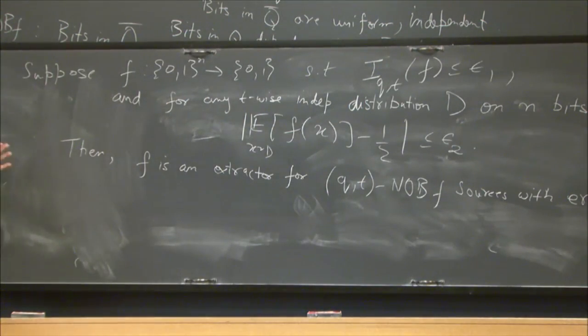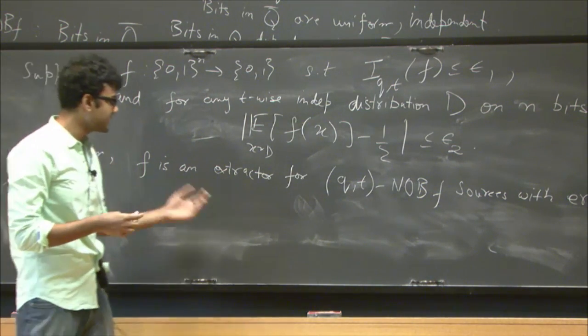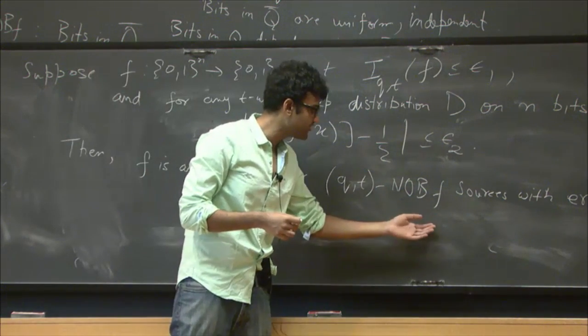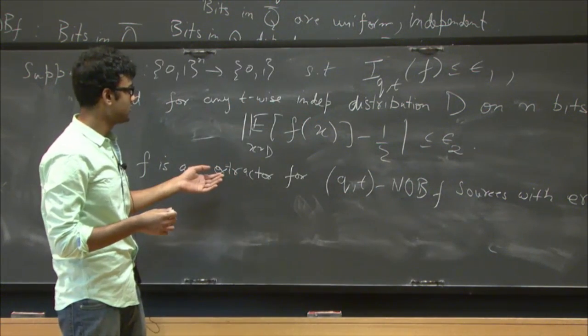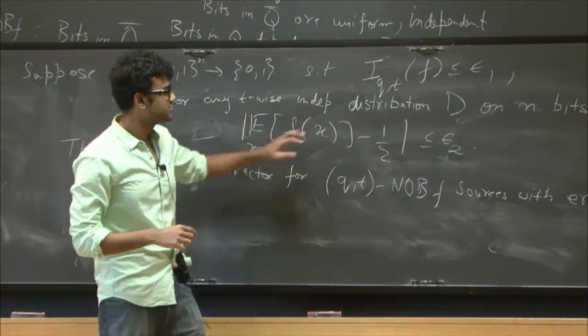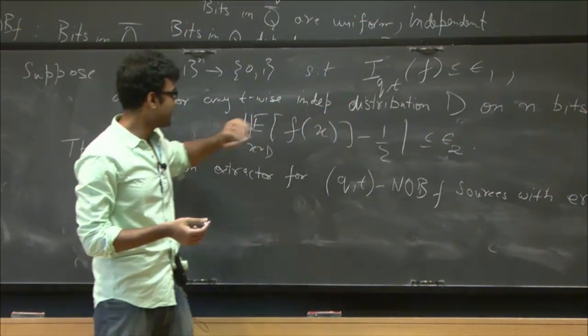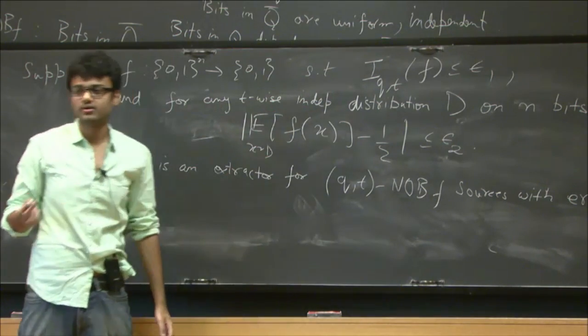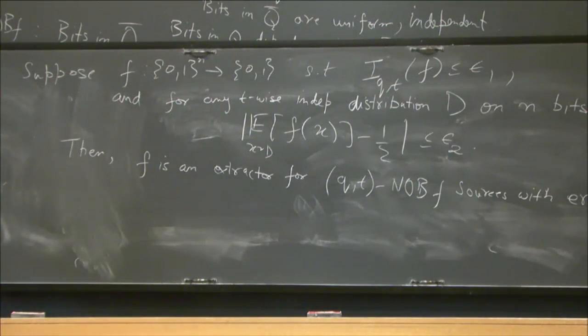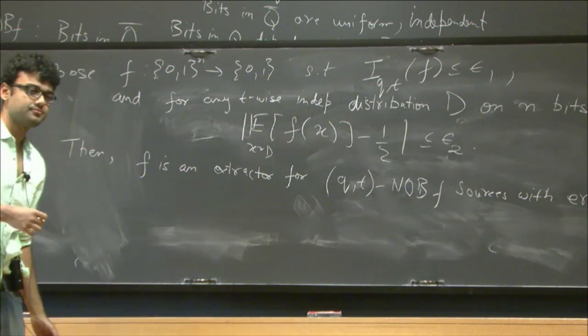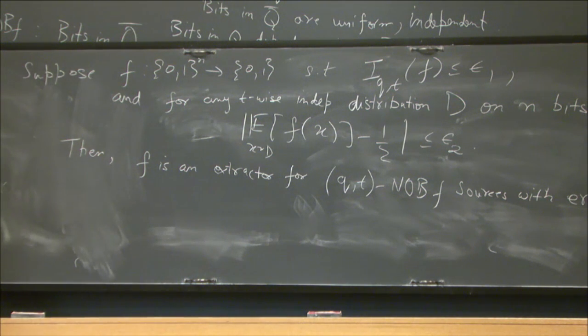So this is a simple lemma, and it connects the problem of designing extractors for non-oblivious bit fixing sources to coming up with functions which are resilient under device independence and also balanced under any device independent distribution. You say resilient, you mean functions with low influence? Yeah, it's resilient to coalitions of some size.